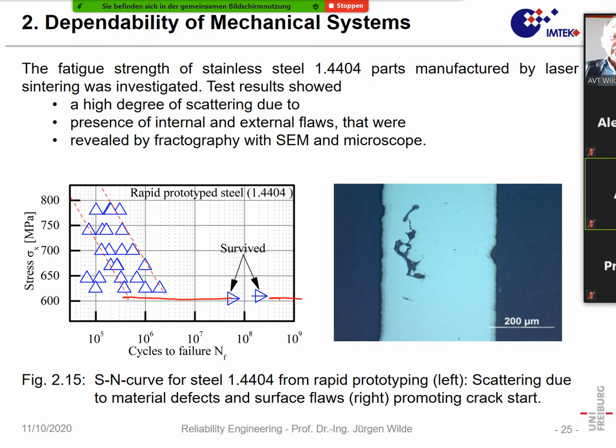So that's the reason why I myself am not so keen on rapid prototyping parts, because into such parts you can easily build in internal defects which you do not see, but according to that Sneddon equation, at each defect you have a stress increase, and that means the overall strength and also the overall lifetime of such parts with defects is reduced.